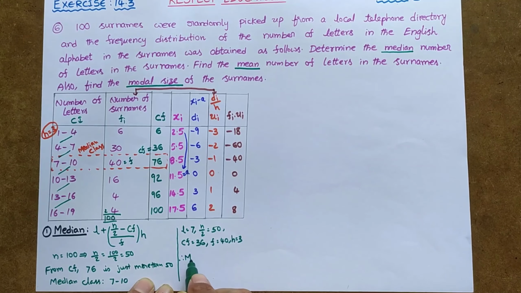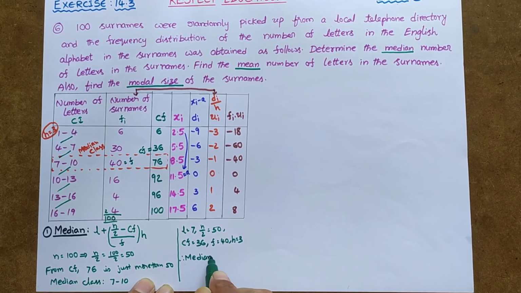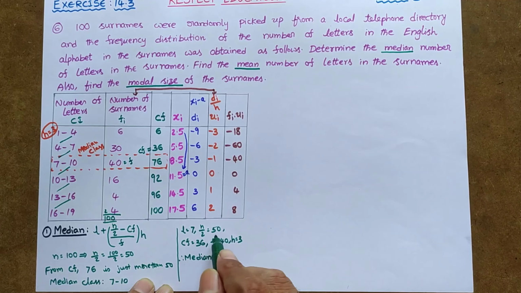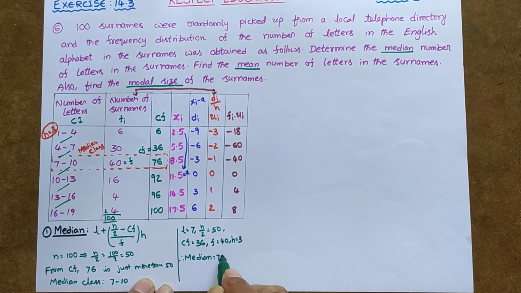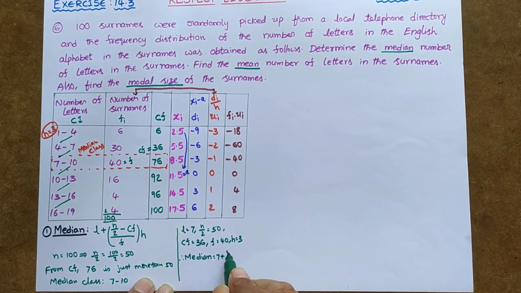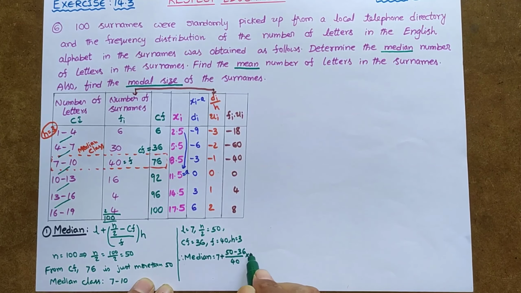Let us substitute these values here. Therefore median is equal to L, that is 7, plus (n by 2 minus Cf), 50 minus 36, by F, here F is 40, into H is 3.